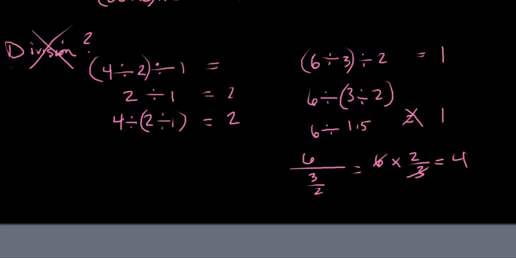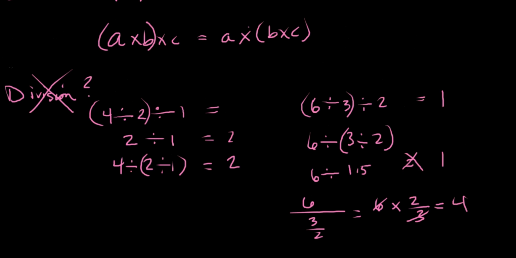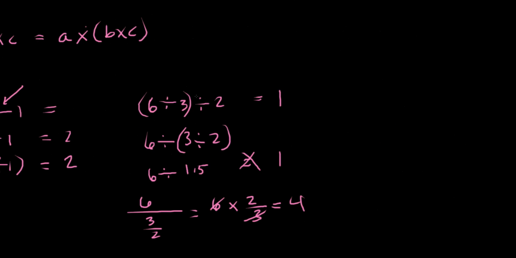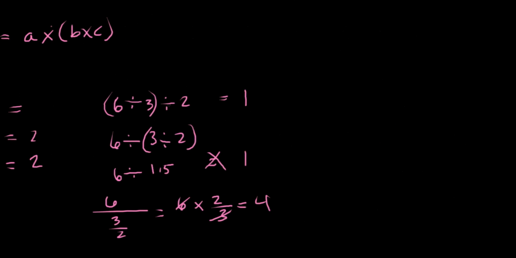Now, if you write it properly, and when I say properly, I shouldn't say it as if this sort of notation is improper, but it's very vague, so I wouldn't write it that way. If I had 6 divided by 3 divided by 2, the way it should be written is with a fraction bar.